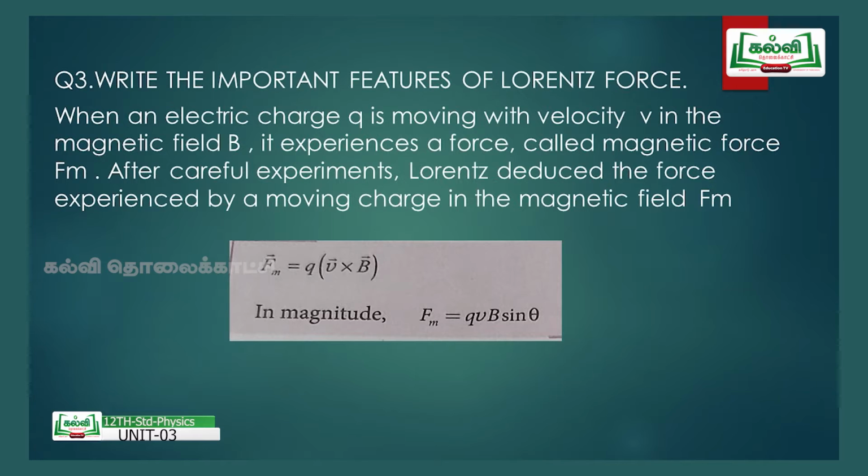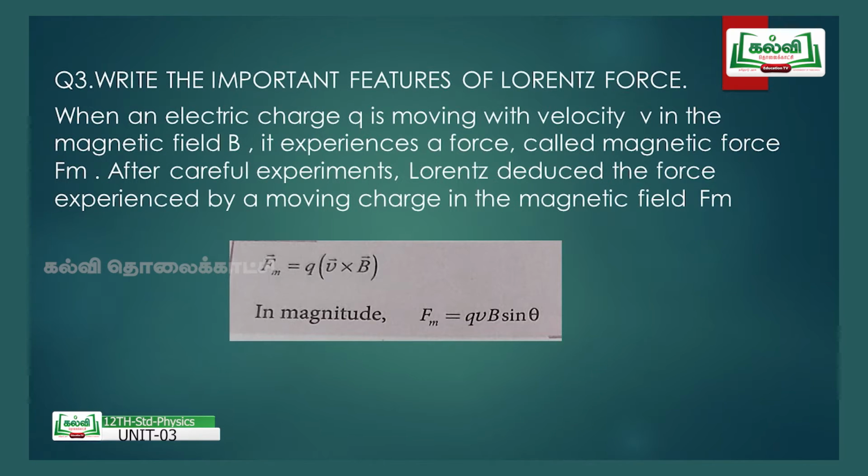The Lorentz force can be denoted by Fm, the magnetic force: Fm = Q into V cross B. Velocity is a vector quantity and the magnetic field is also a vector quantity. So, this is the vector notation of force: Fm vector equals Q into V vector cross B vector, the cross product of velocity and magnetic field.